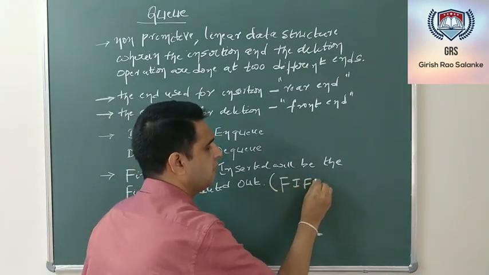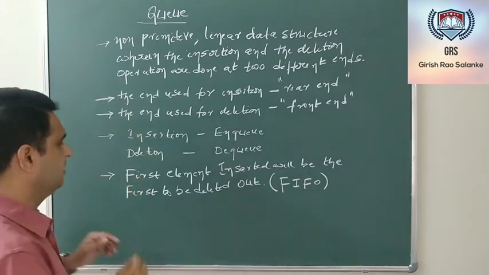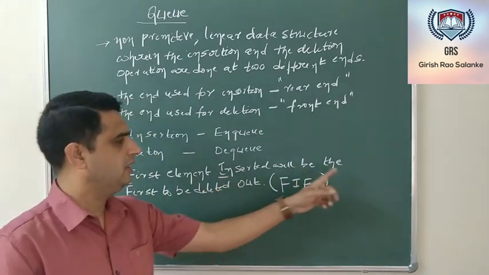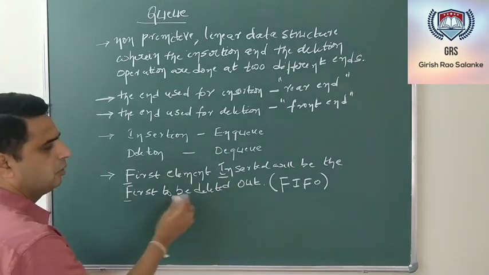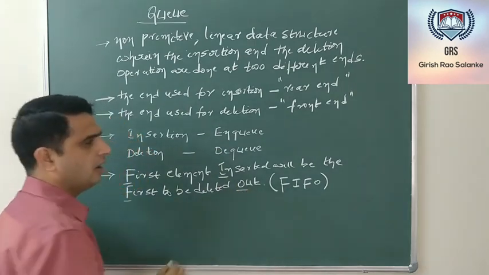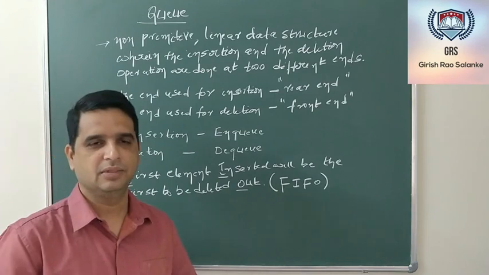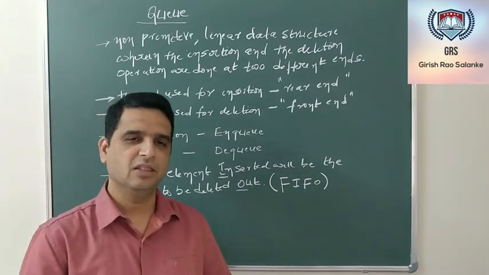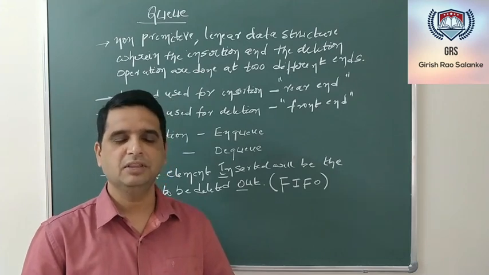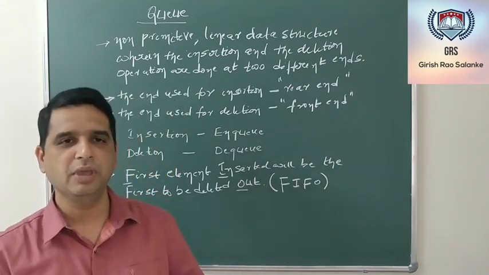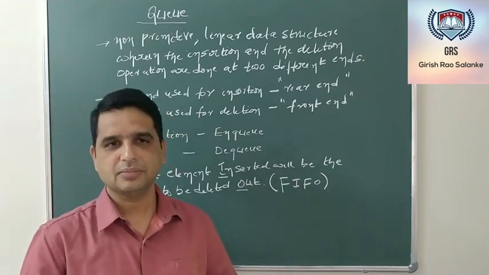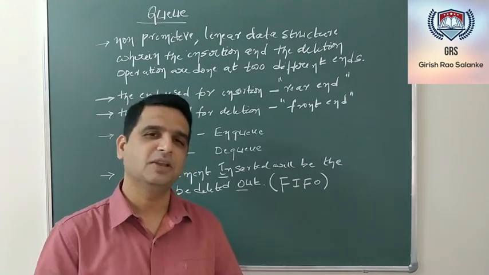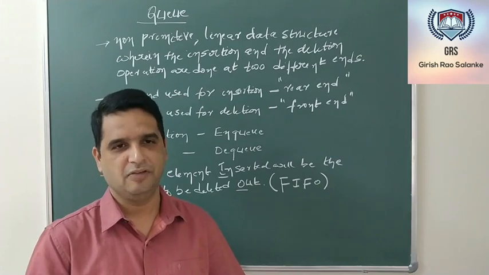FIFO stands for first in, first out. That is, the first element inserted will be the first to be retrieved or deleted out. This is about the definition of a queue. The insertion operation is done from the rear end and the deletion operation is done from the front end.